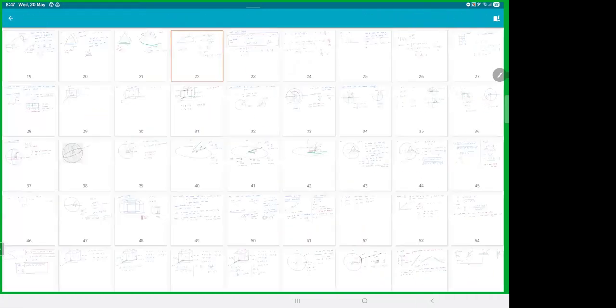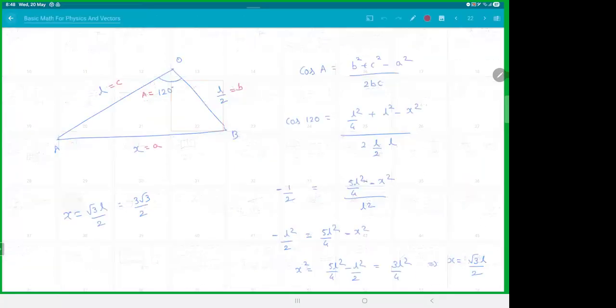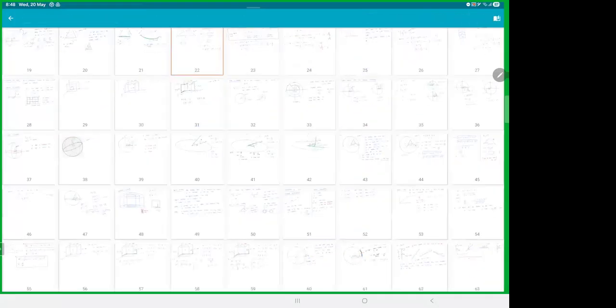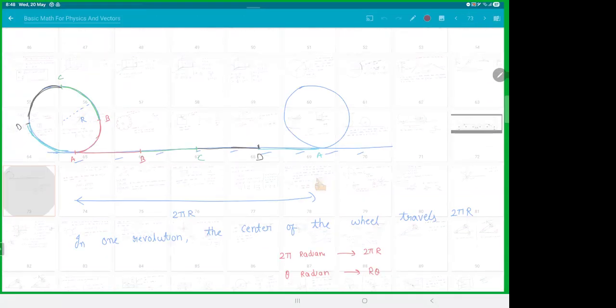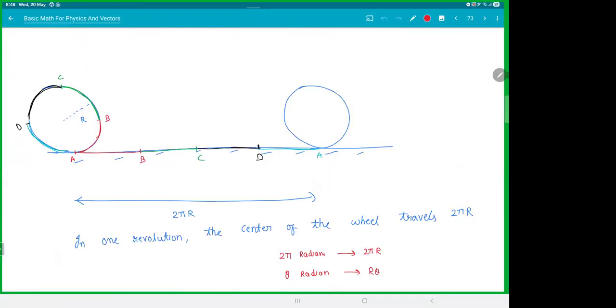That I think I showed you in vectors. Look at this thing here. If I take a circle and mark it with four colors, red, green, black, and some sky blue, and if I roll this on the floor, look at the colors on the floor. You will get red first, then green, then black, and that sky blue thing. That means whenever the wheel rotates one revolution, it will travel the distance of 2 pi r, isn't it?